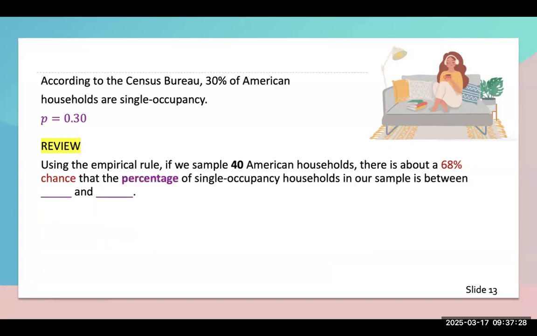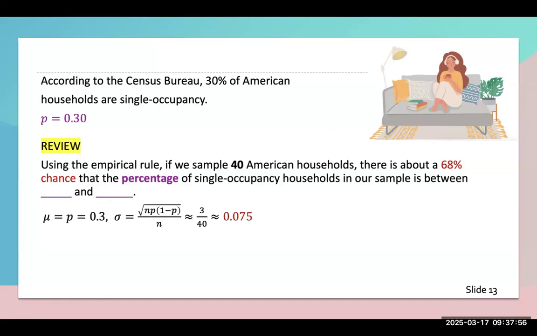Now, when I did that problem, I found the percentages at the end. Instead of doing that, I can find them in the very beginning. So if mu is equal to 12, I can divide that by the sample total to get the percentage. But we're already told in the very beginning the percentage is 0.3. So we're going to use 0.3 instead of mu. So instead of saying 12, it's the same thing as 30%.